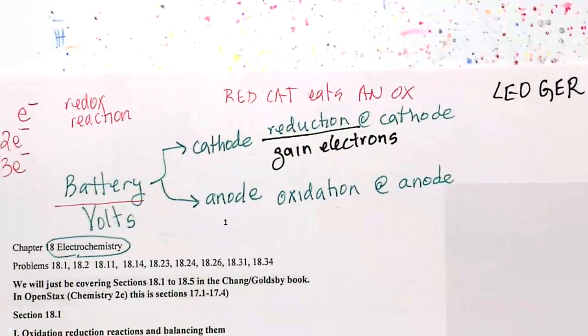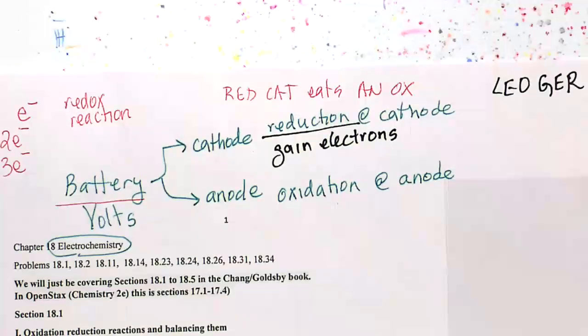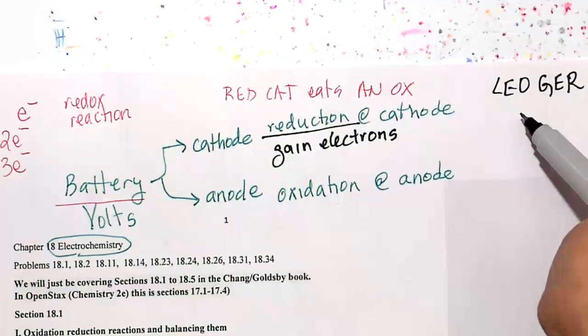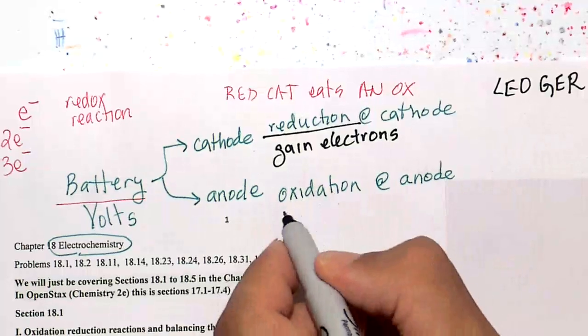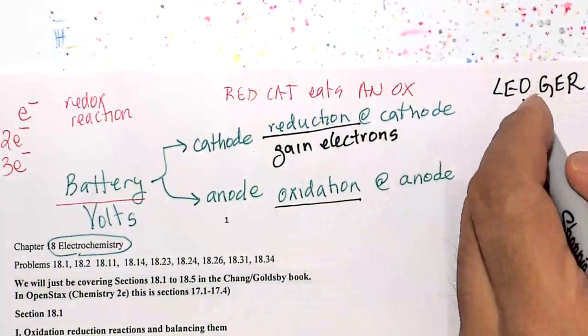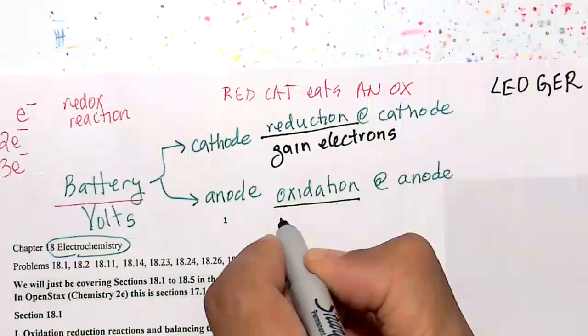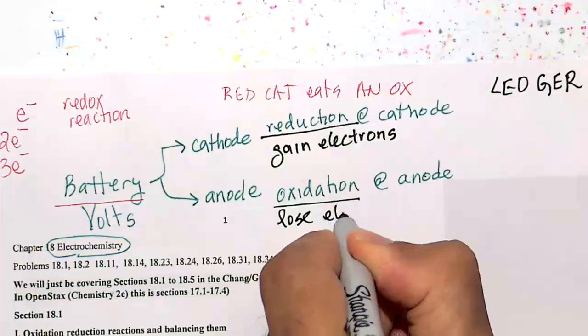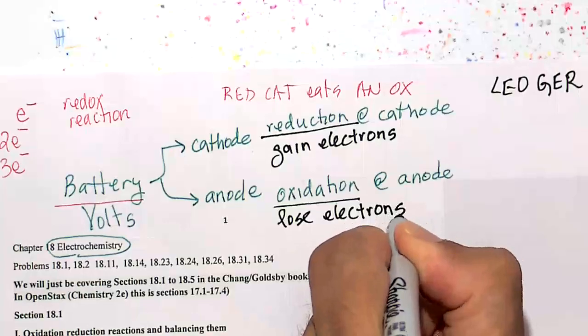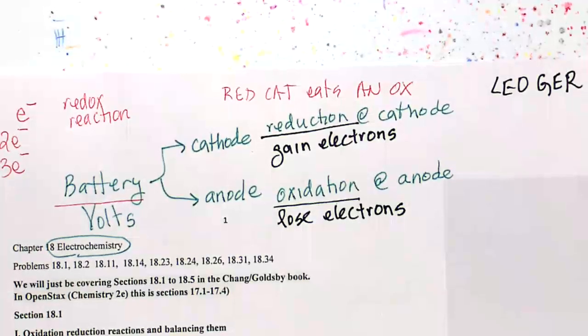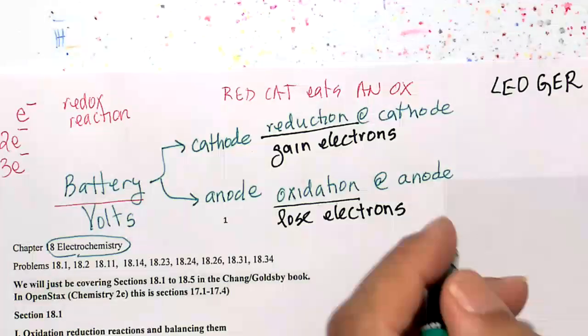You gain electrons at the cathode. In other words, you get reduced at the cathode. At the anode, you lose electrons. Lose electrons, oxidation. So the two parts of a battery are the cathode and the anode. You gain electrons at the cathode. Red cat eats an ox. You lose electrons at the anode.